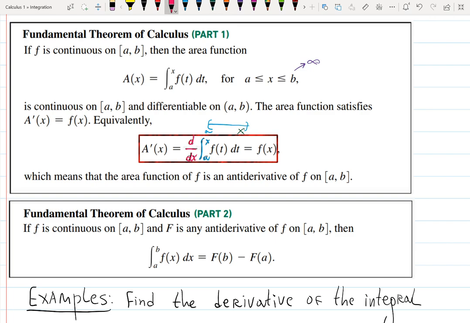And then inside we have a function f of t dt. What happens when you differentiate the integral? You basically get the function inside, but instead of f of t, where t is basically a dummy variable, you get f of whatever is at the upper limit of integration. Since it's x, you get f of x.